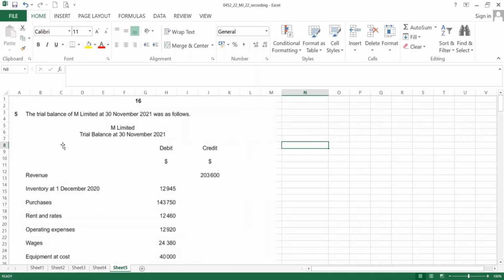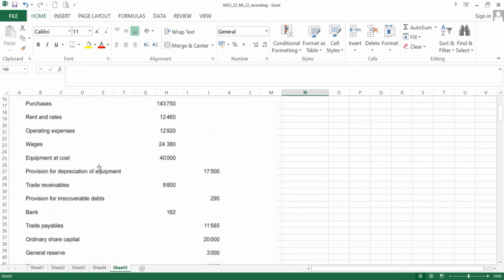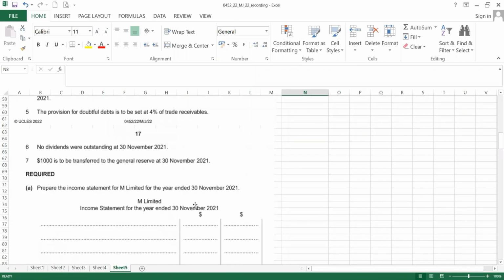Last question. This is M Limited. Okay, here is the information given. Let's see what the question is about. They ask to prepare the income statement. So let's prepare the income statement. M Limited income statement for the year ended 30th November 2021.